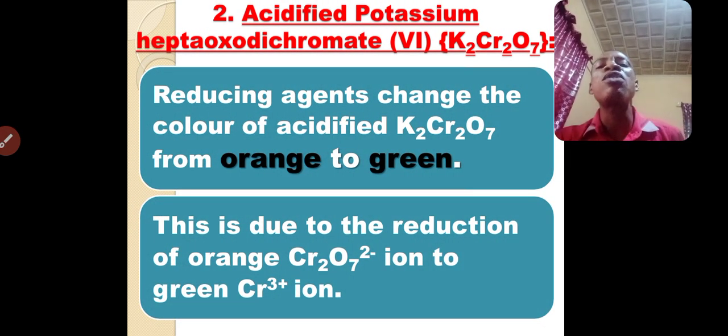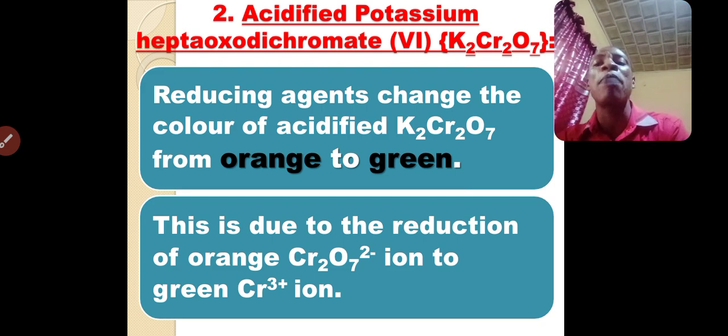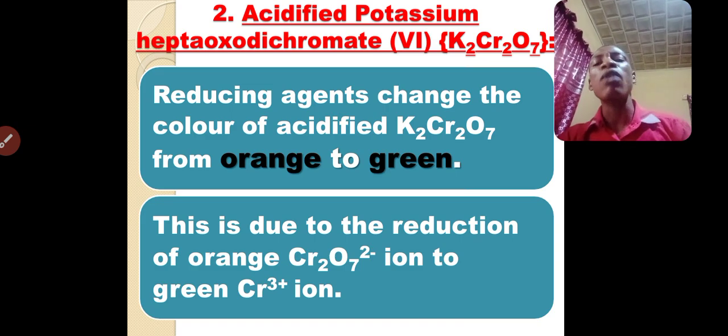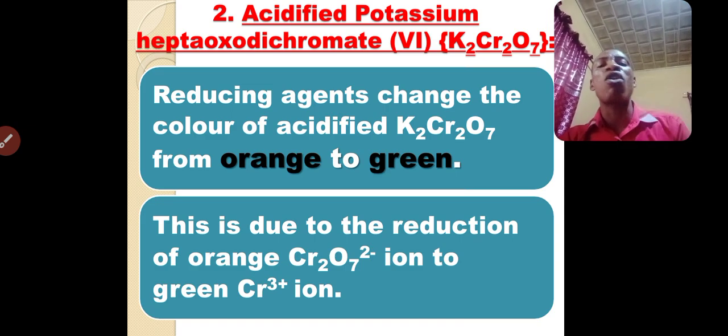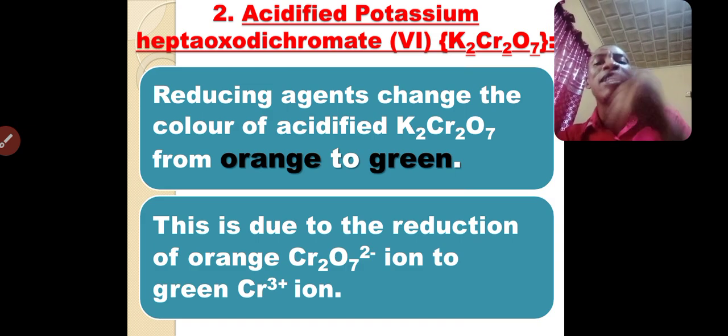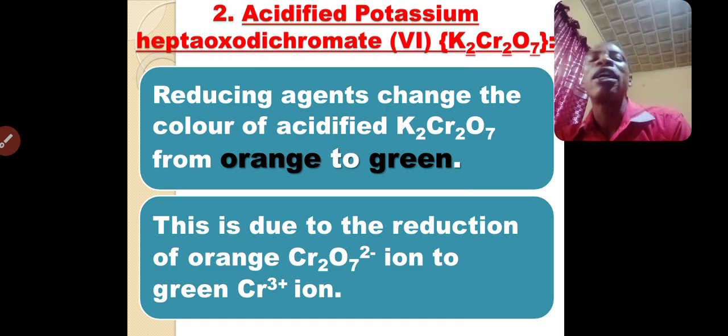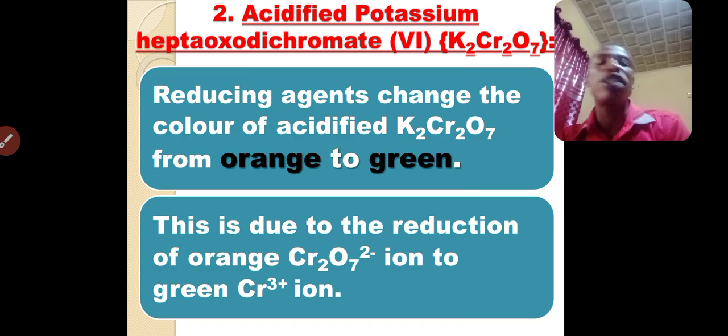You can also use acidified K2Cr2O7, that's potassium heptaoxodichromate 6. When you bubble gases or substances that are reducing agents into K2Cr2O7, the color will change from orange to green.